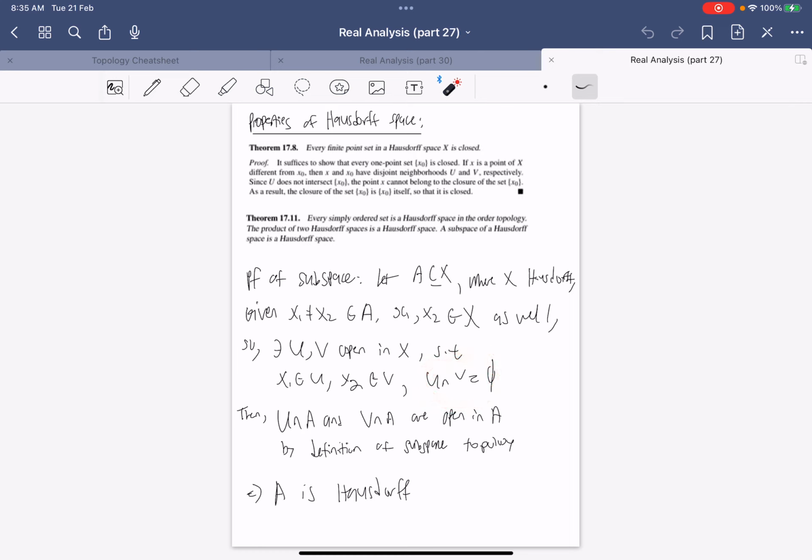Then you just take U intersect A and V intersect A. These will be open in A by the definition of the subspace topology. And then U intersect A intersect V intersect A must be empty because U and V are disjoint. Hence A is Hausdorff.